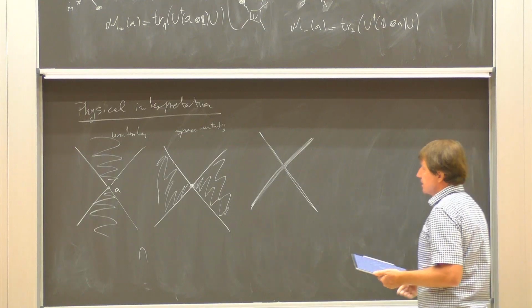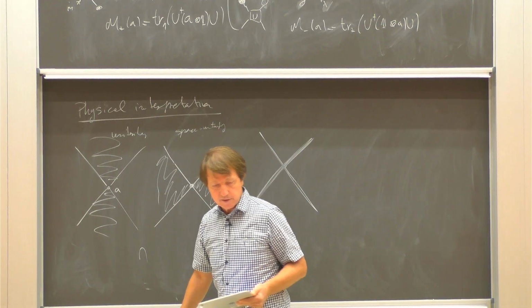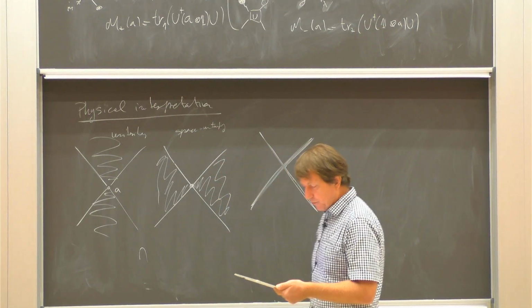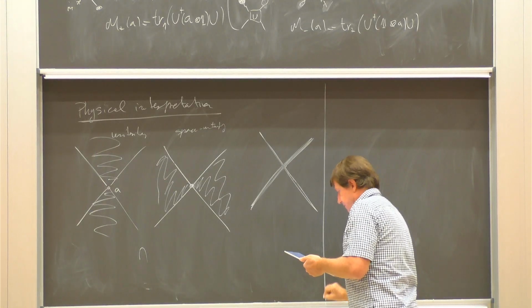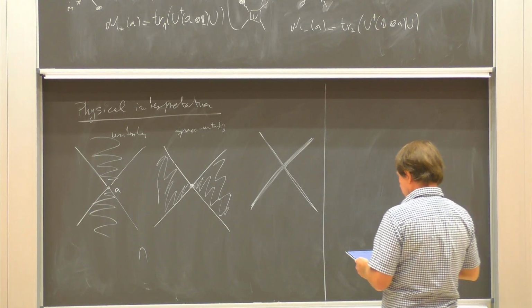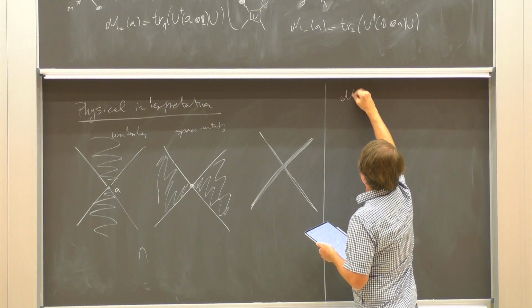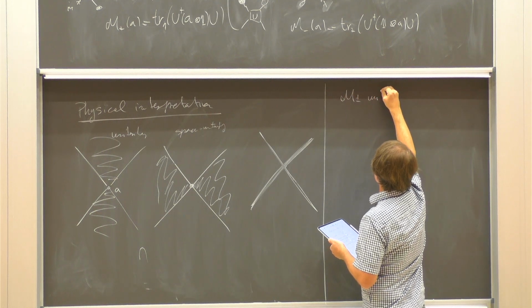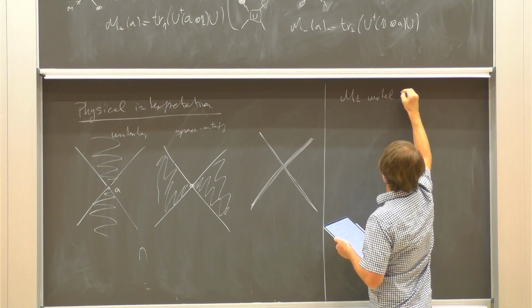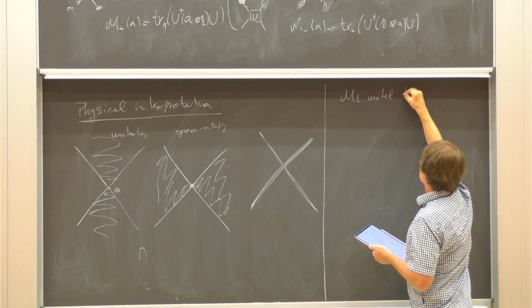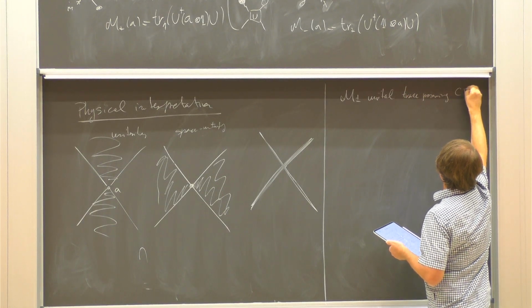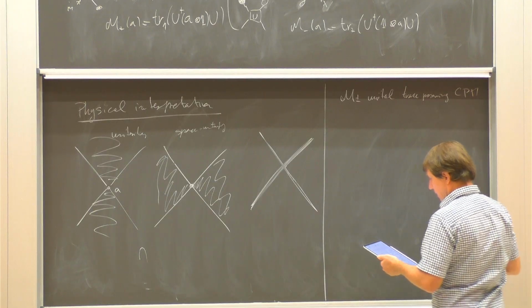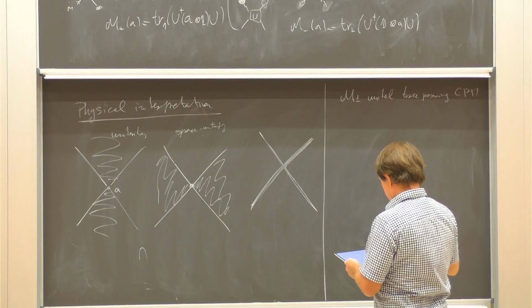Okay, so now let's discuss a little bit more on the properties of these completely positive maps, what type of properties they might have. As I said already, M plus and minus are unital, trace preserving completely positive maps.